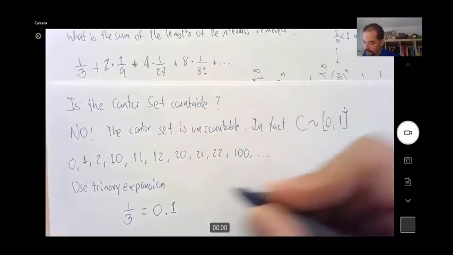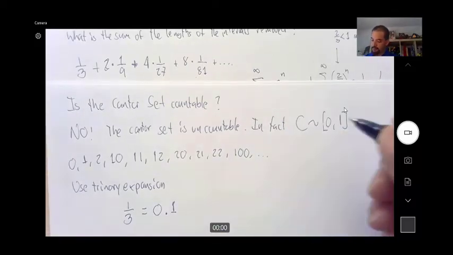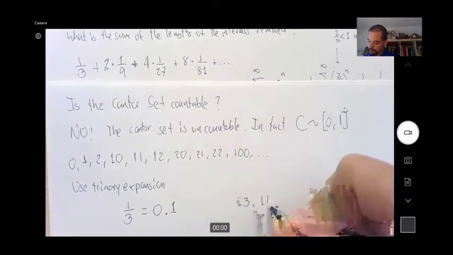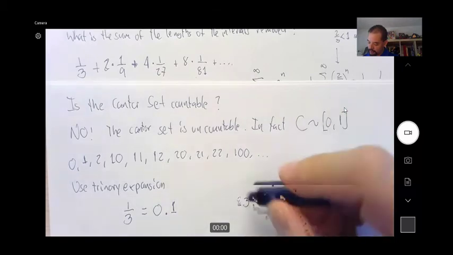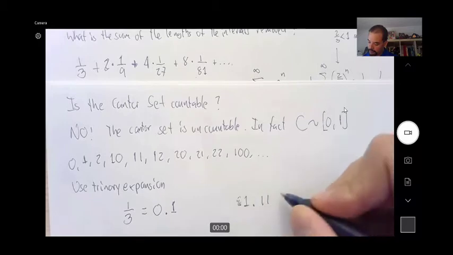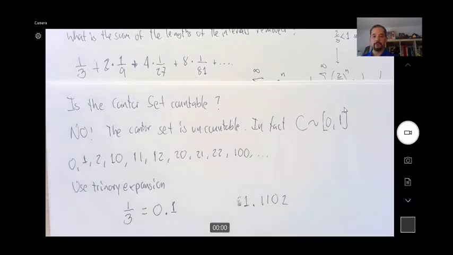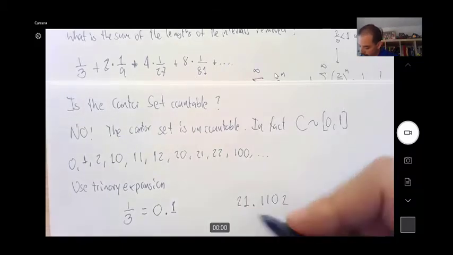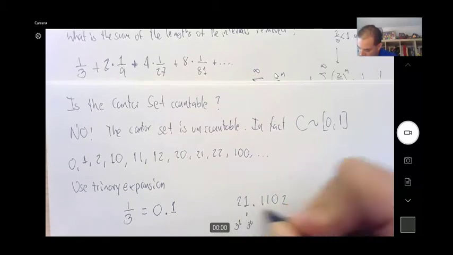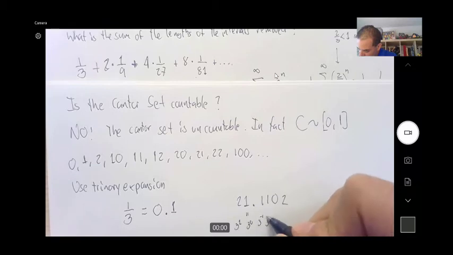So if you have a number in ternary expansion, let me write a number like 23.11. I mean, not 23, because we can only use the digits 0, 1, and 2. So 21.1102. What is that number in our regular system? Remember, these are 3 to the 0, these are 3 to the 1, these are 3 to the -1, 3 to the -2, 3 to the -3, and 3 to the -4.